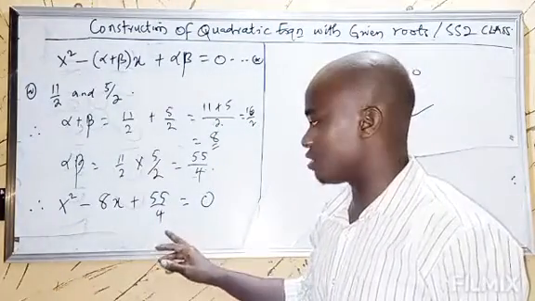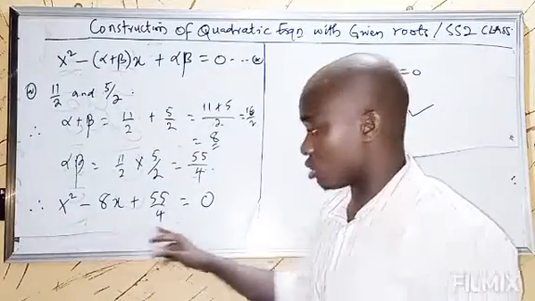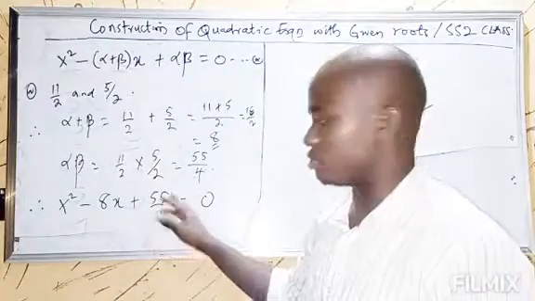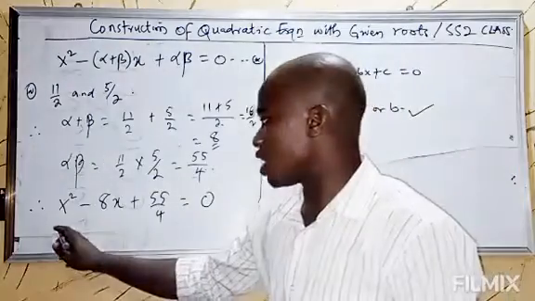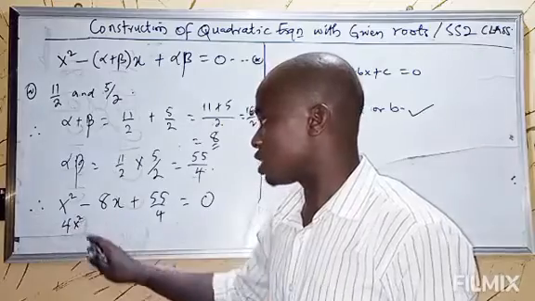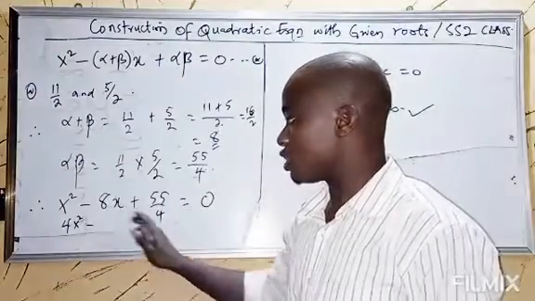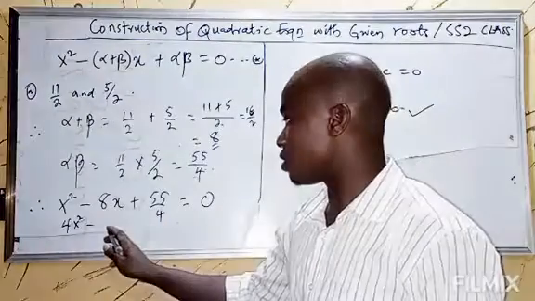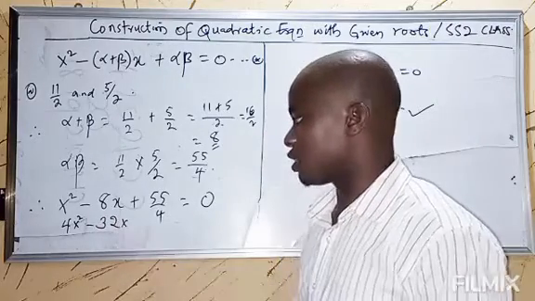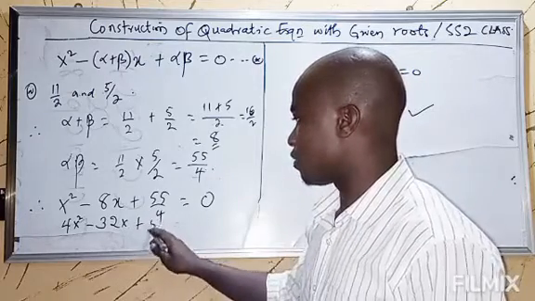To clear this fraction, you need to multiply the equation throughout by 4, so that this 4 will vanish. Multiplying by 4, we have 4x squared, because 4 times x squared gives us 4x squared, then minus 4 times 8x, which is 32x, because 4 times 8 is 32, then plus 55.